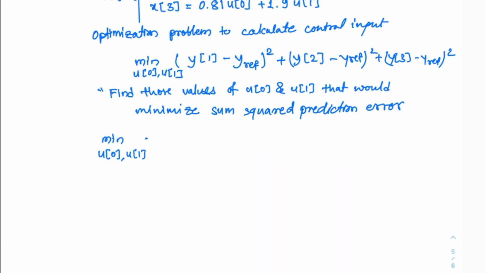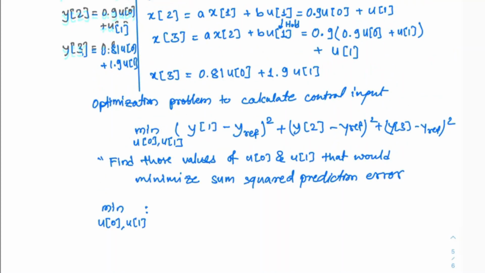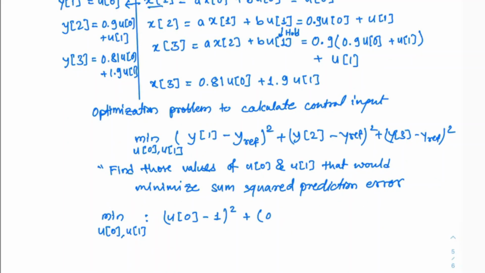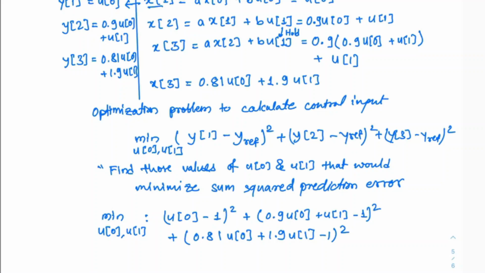I want to minimize this function. Let me substitute y1: u0 minus 1 whole square, plus 0.9 u0 plus u1 minus 1 whole square, plus 0.81 u0 plus 1.9 u1 minus 1 whole square.